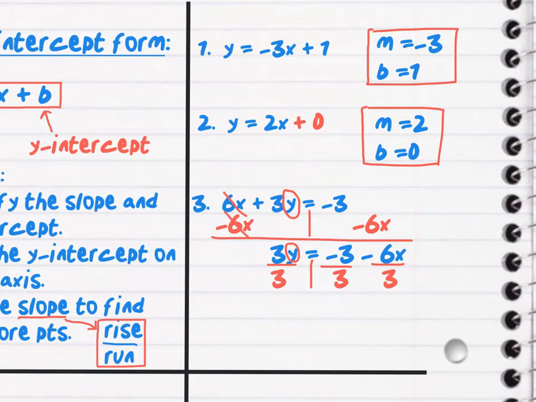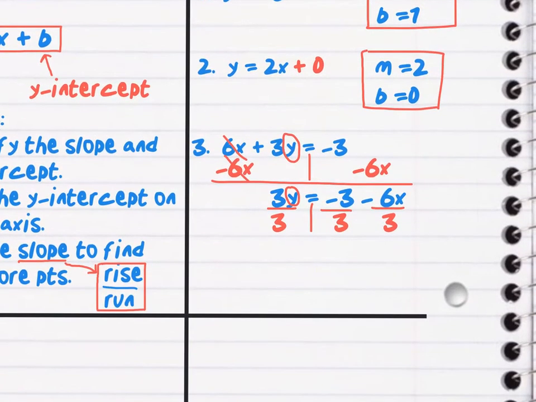Go ahead and write down the dividing by 3 on each of those terms. And now what's going to happen here is you're going to finally get y by itself. So the 3's are going to become a 1y. Okay, and now we're going to have our new equation, which is going to be y equals negative 1 minus 2x. And what I like to do is I always like to have the x term in front.